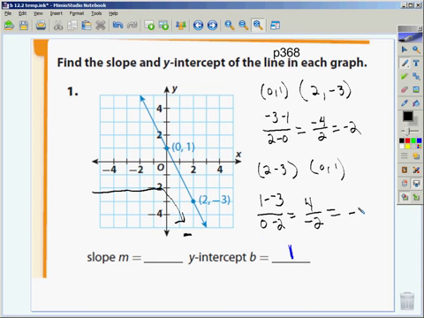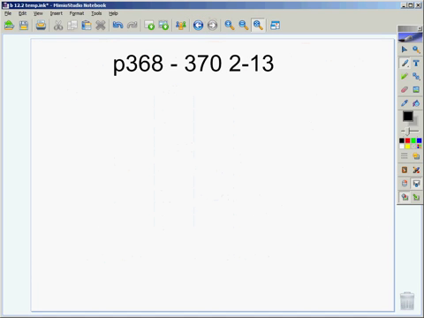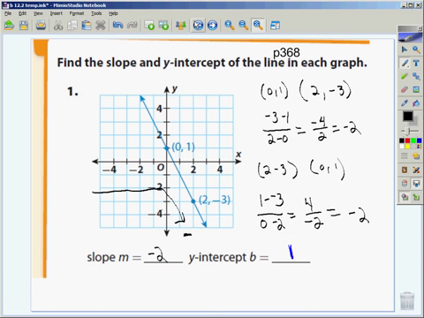So when I do it, I still get what as an answer? Negative 2. Did it matter which way I wrote the ordered pairs down? No, makes no difference. Pretty good? Then that's your assignment.